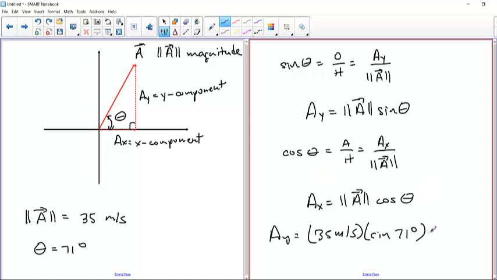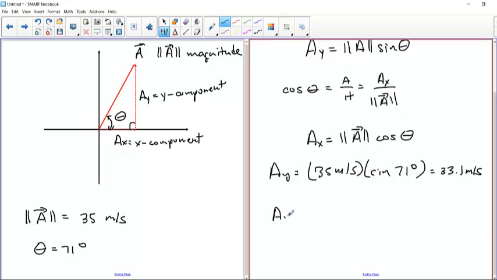I'm going to go ahead and carry one additional significant figure here, 33.1. And the units are meters per second because sine has no units. And likewise, you can do the x component. It's 35 meters per second times the cosine of 71 degrees. 35 times cosine of 71 is 11.4 meters per second. Okay, so those are the components of the vector A.